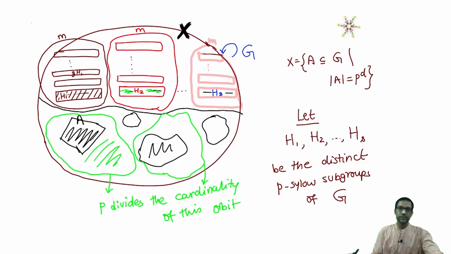Each orbit has cardinality m, and if there are S Sylow subgroups, the total number is ms. And then all the other orbits are the not so nice orbits, which are orbits of subsets A which are not of this form, but those orbits all have cardinalities which are divisible by P. So all those orbits will be divisible by P, whereas each of these orbits are not divisible by P. Okay, and then that coupled with what we know about the cardinality of X completes the proof.